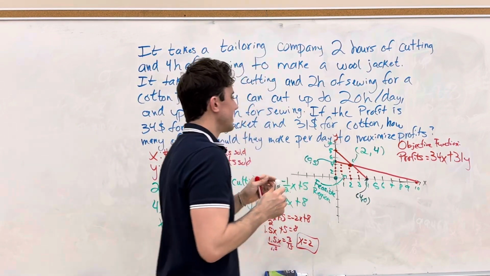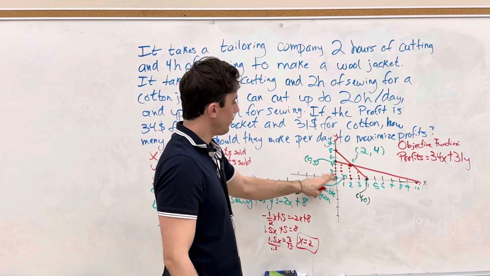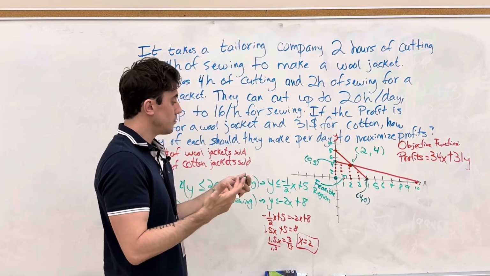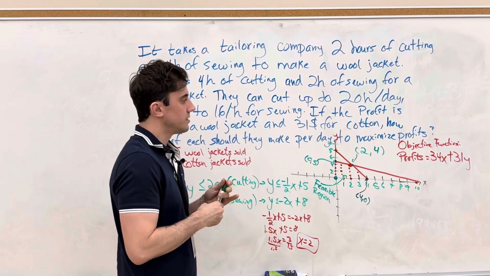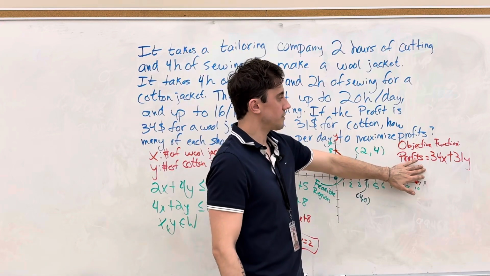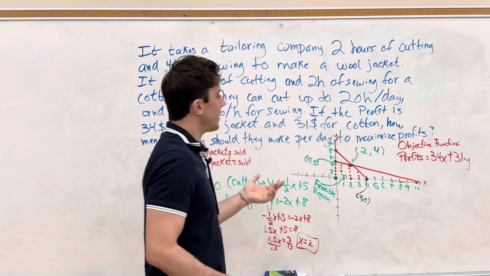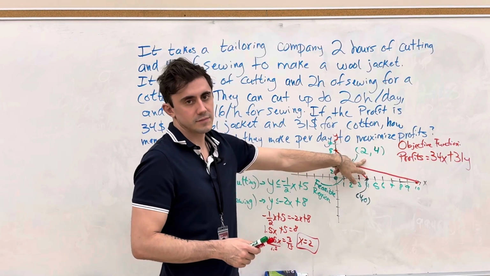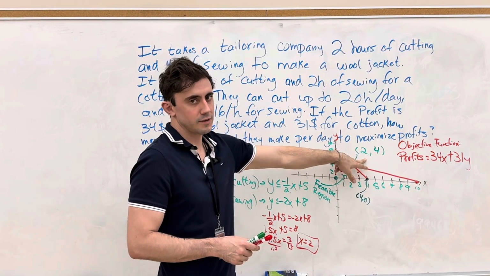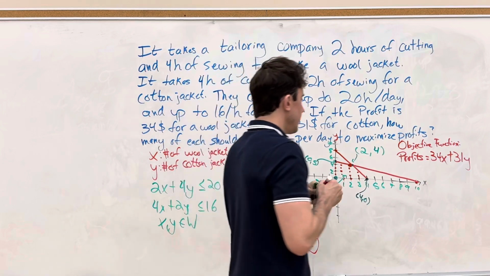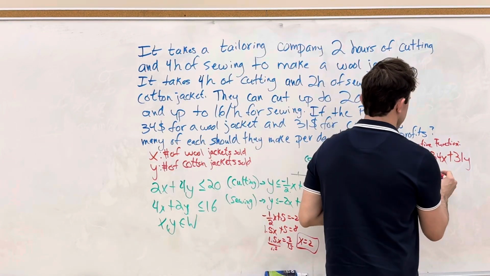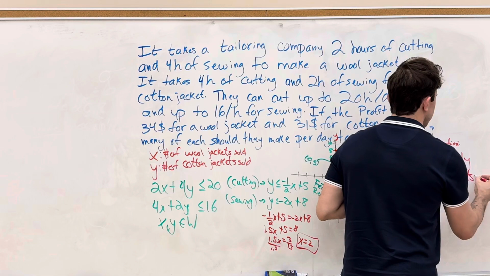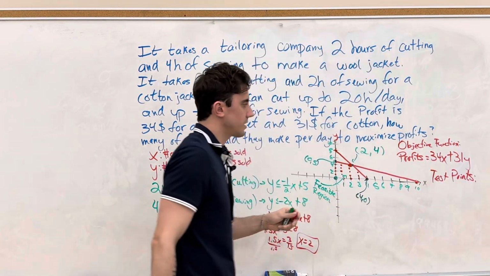So with that said, now we have all 4 vertices of our feasible region accounted for. So we can test to see which one optimizes our objective function of profits. And you might be able to see quickly that it's going to be the 2,4 solution. If you want to test a few points, feel free. So I like to encourage my students to look at a few test points.